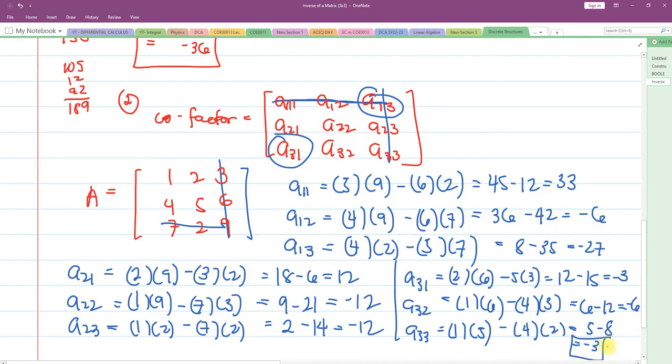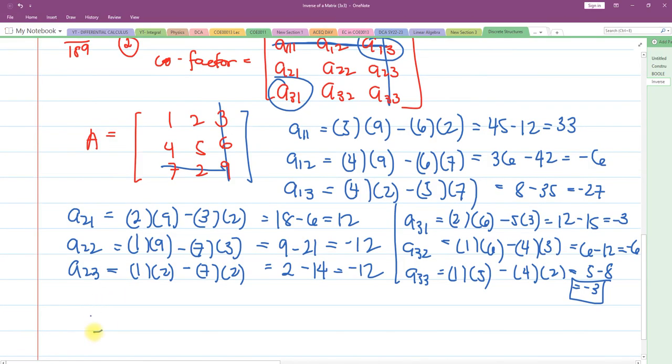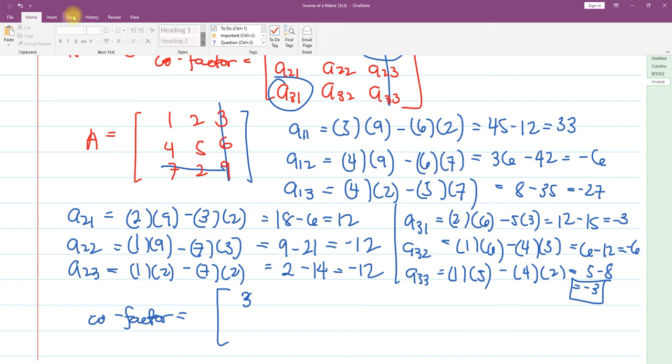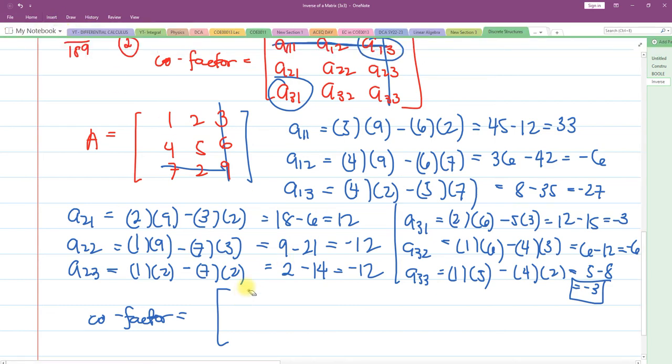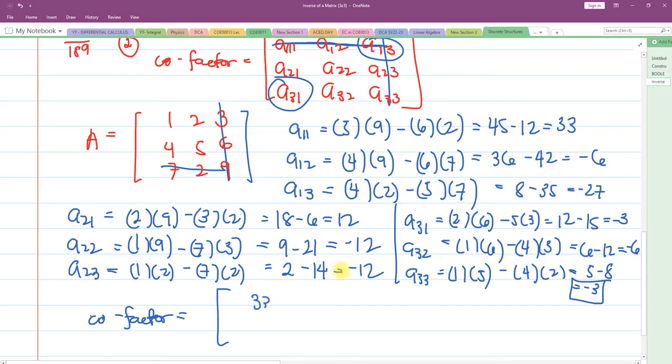So you now have all the values of the cofactor matrix. So I'm going to rewrite the cofactor matrix here. Oops, sorry. Cofactor. So you now have 33.